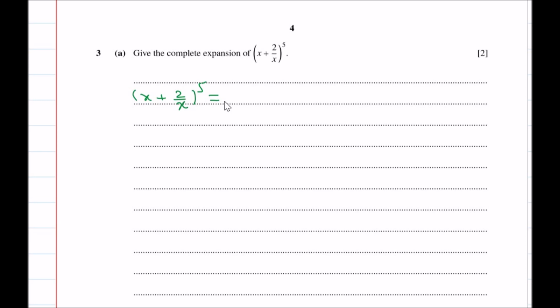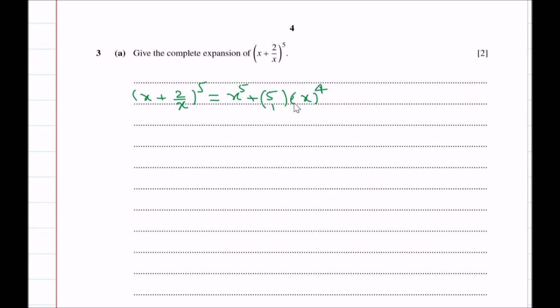So how does it go? First term x, second term 2/x, right? The first term comes after expansion, raised to the power n, so x to the power 5, plus 5C1 into x to the power 4.